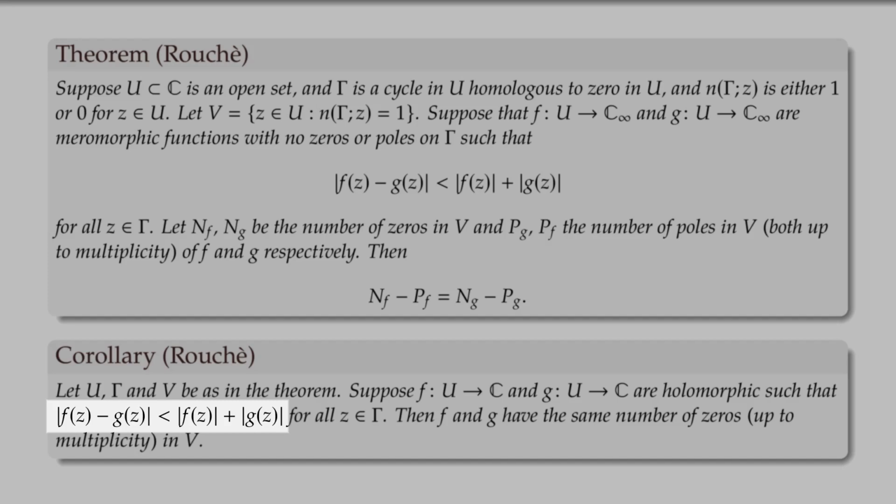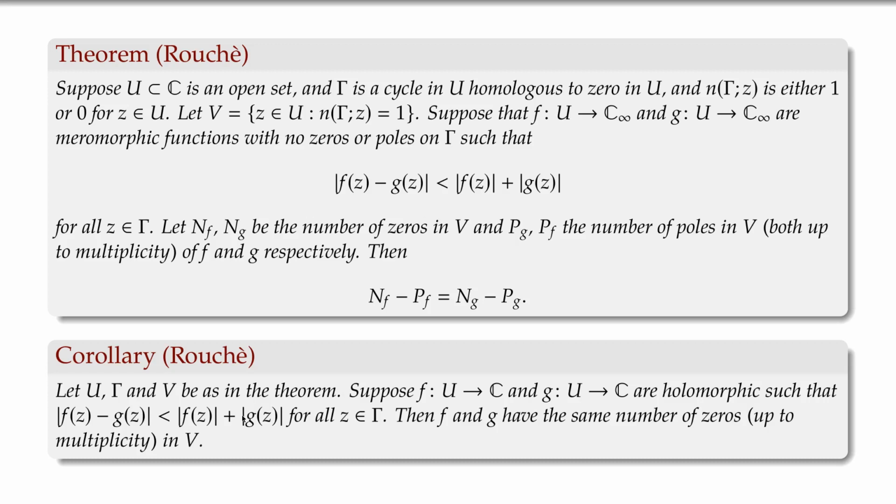So, for example, if g had a 0 on gamma, then you can see that I cannot have this strict inequality satisfied. So as long as you have this strict inequality, you know that you automatically don't have any zeros on there. And then f and g have the same number of zeros in V, the inside of gamma, up to multiplicity, of course.